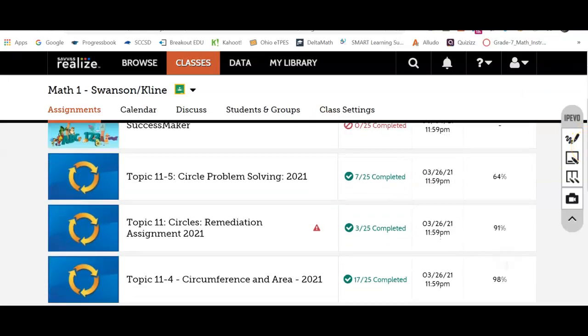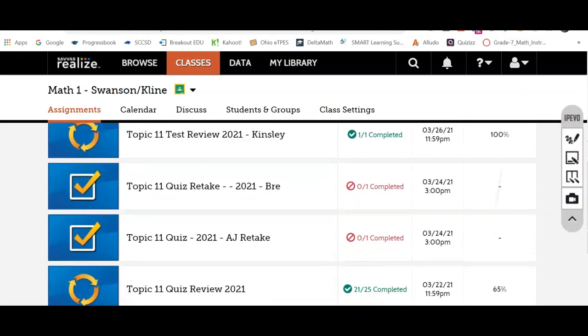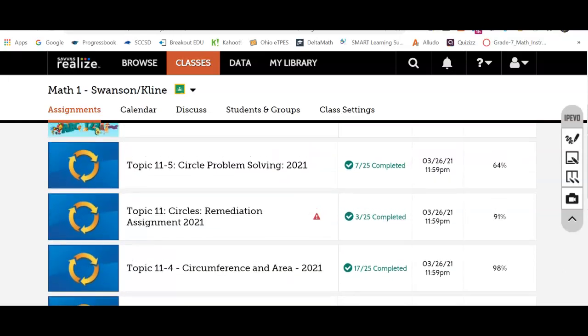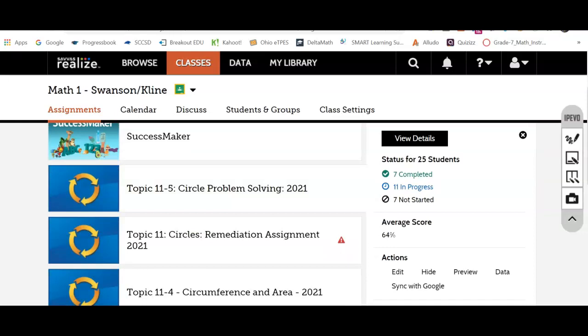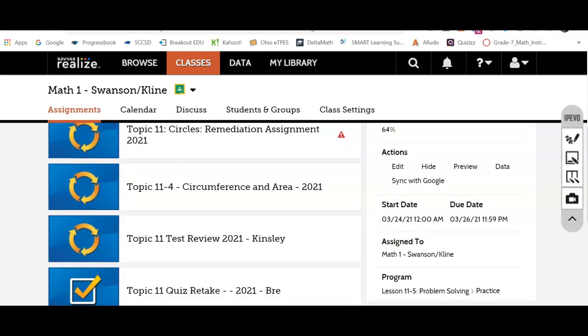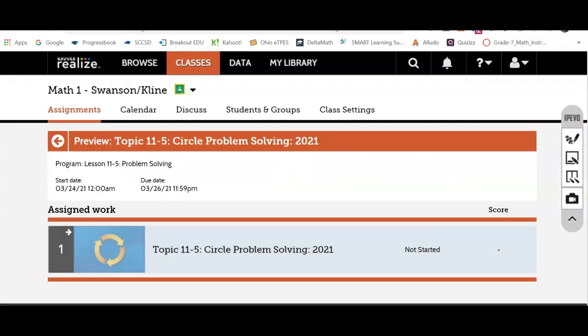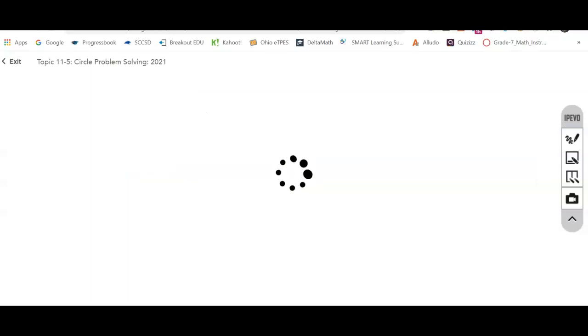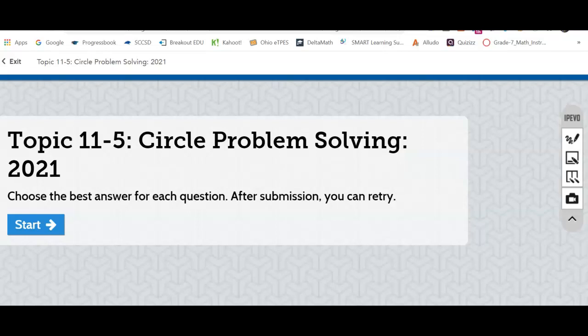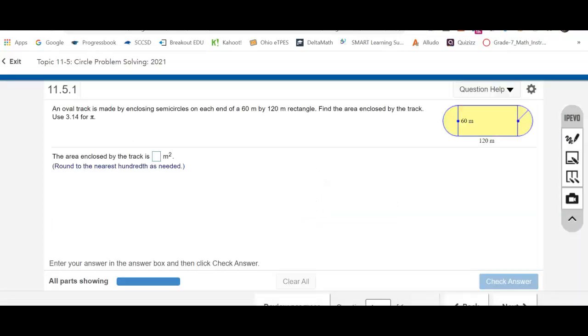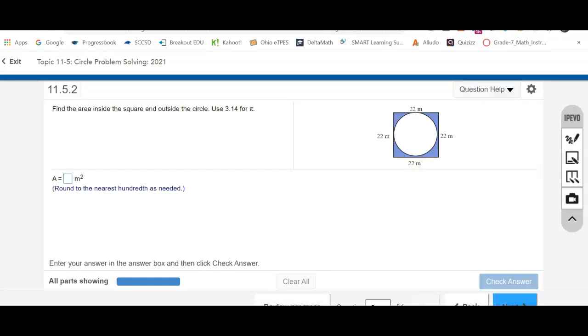Now 11.5 is problem solving. It gives us all different weird setups, and we've got to then use our circumference and area formulas knowledge to problem solve through it.